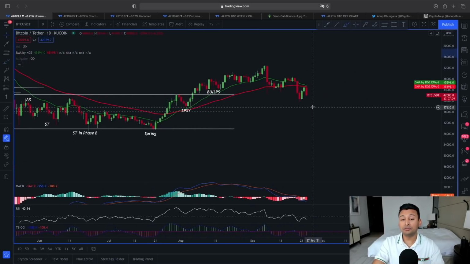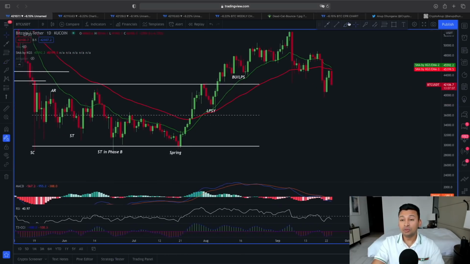But in our case, if you look at this here, we were finding support at this 20 exponential moving average and also at this 50 exponential moving average, but you can see now we are below these moving averages.